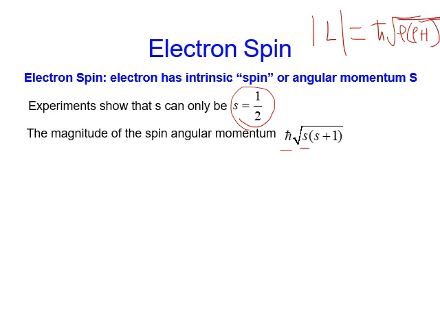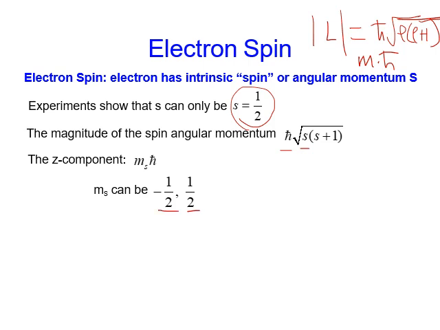And in the hydrogen atom, even though we don't know the orientation of the orbital angular momentum, we know the z component, which is the quantum number m times h bar. Similarly, the z component of the spin angular momentum is also defined, and can only have two values: positive 0.5 and negative 0.5, times h bar.